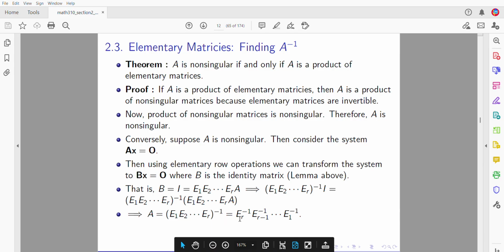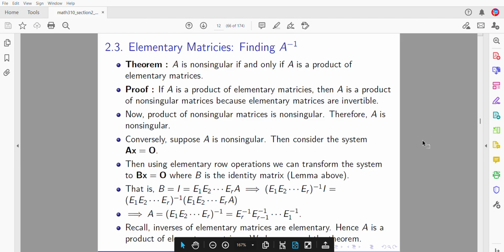But if you remember, the inverse of an elementary matrix is also elementary. Okay, inverses of elementary matrices are elementary, and we have just shown A is a product of elementary matrices, which proved the theorem.